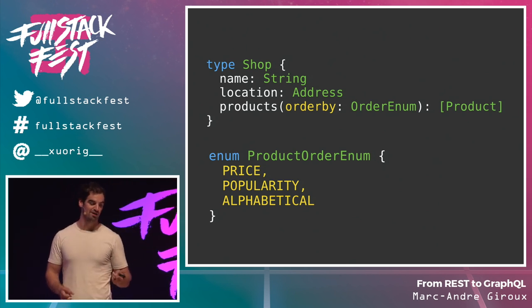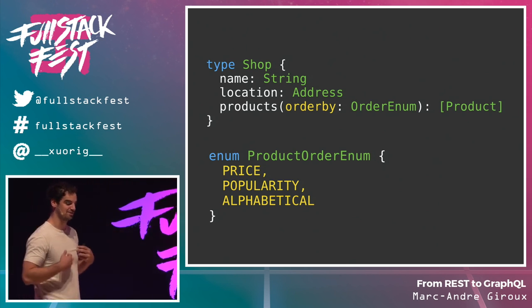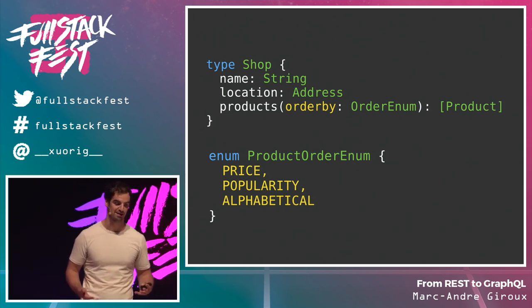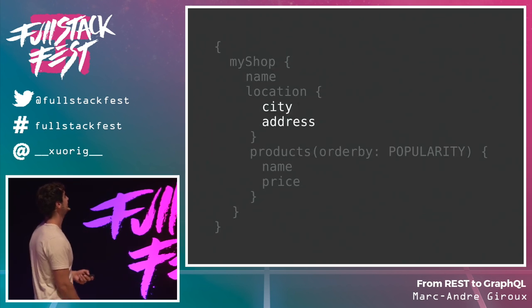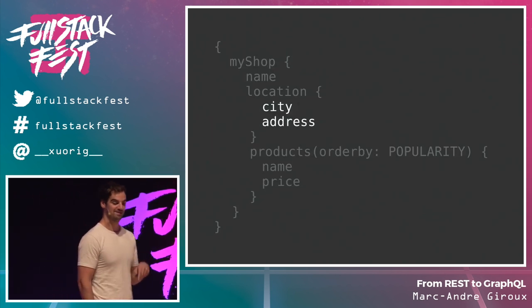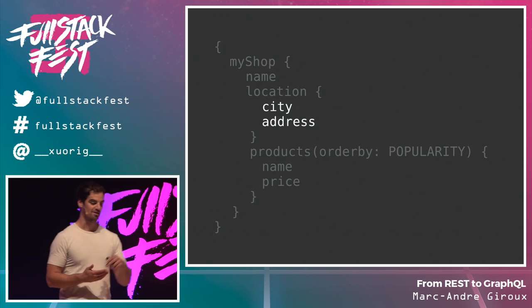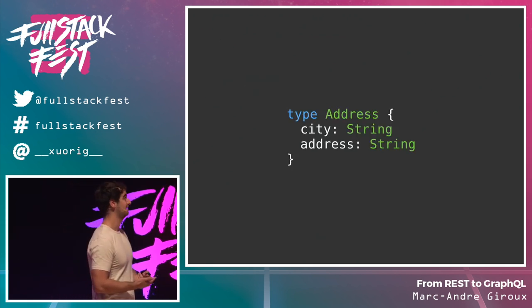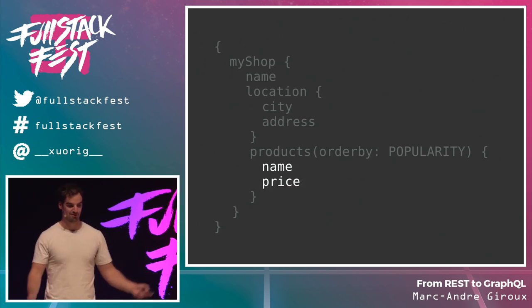Name is a simple, what we'll call a scalar type, so it just returns a string, while location and products are more complex object types. If we continue here, city and address are selected from location, from an address, and it exposes those fields. Same with products.